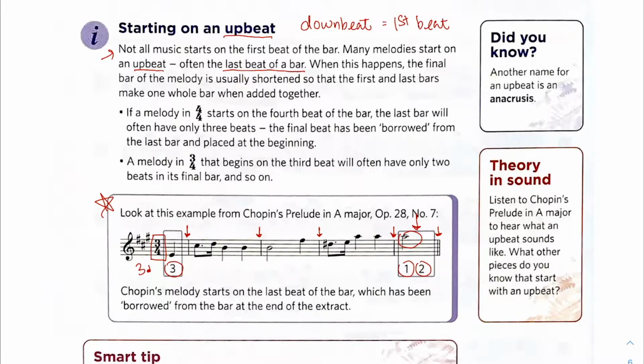So this bar is not complete. It's missing beat 3. So where is beat 3? Beat 3 has been borrowed here at the start of the music. So that first crotchet together with the minim at the end, which is in the last bar, make 1 bar.